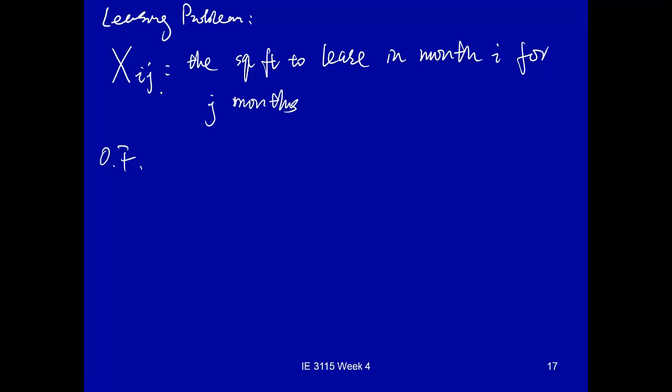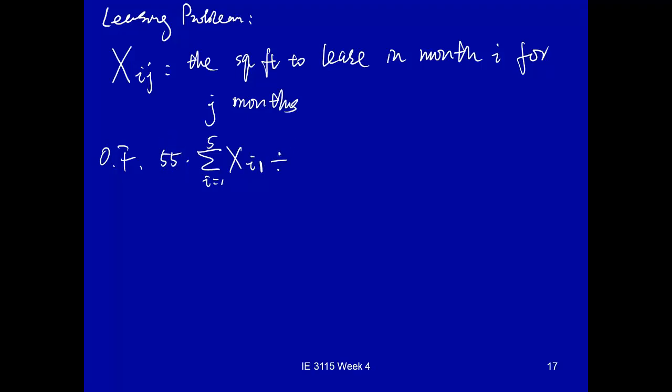So 1 month lease, that's 55 times the summation here, i goes from 1 to 5, representing the i1: x11 plus x21 plus x31 plus x41 plus x51. Because what determines this unit cost is the length of your lease, which is how many months you lease for.